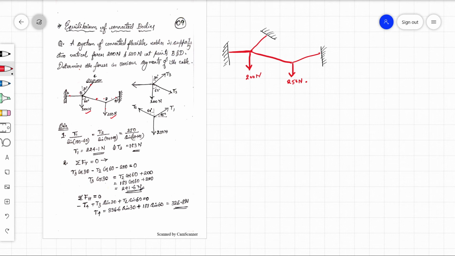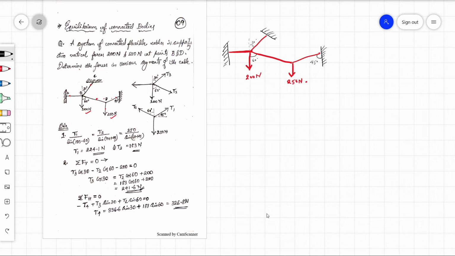This is a very easy numerical, nothing to worry about. Now let us see about the angles. One angle is 45 degree, the other one over here is given as 60 degree, and over here they have given it as 30 degree. So these are the three things.